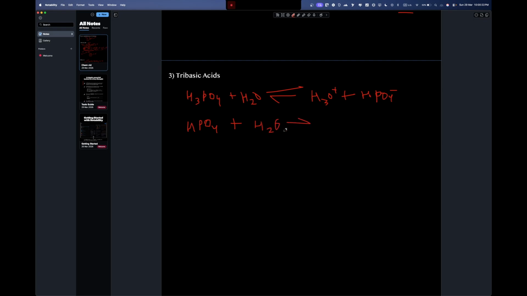Combination done. So H2PO4 minus is gonna combine with H2O, and it's gonna give you H3O plus again, plus HPO4 2 minus.